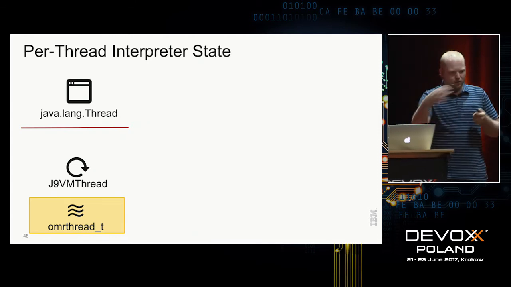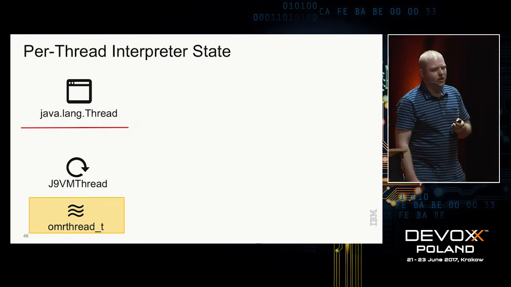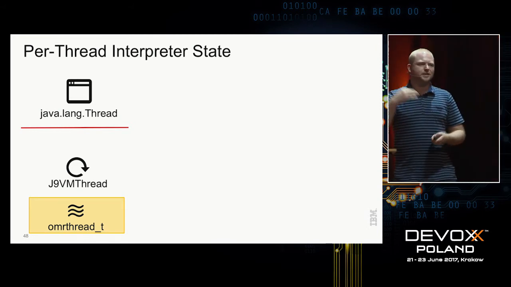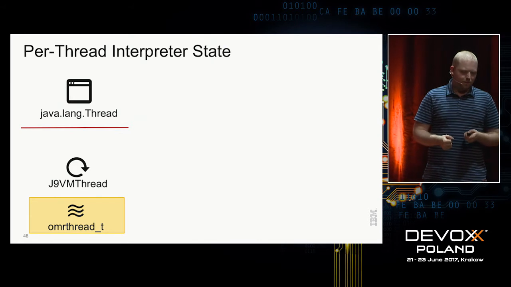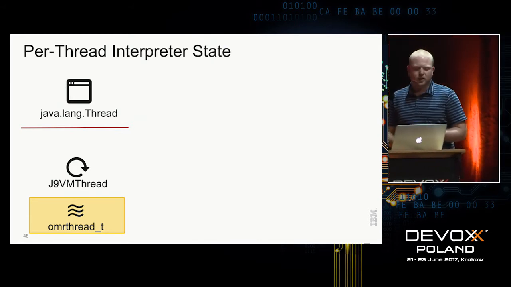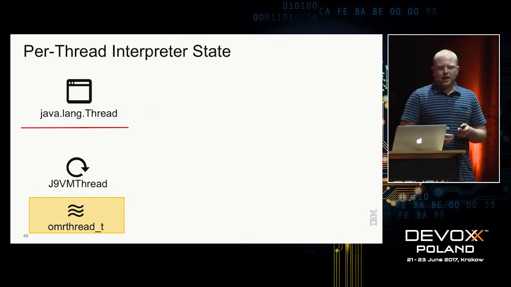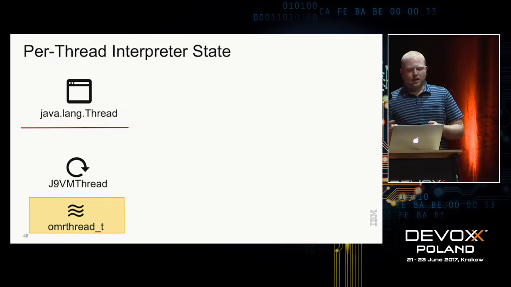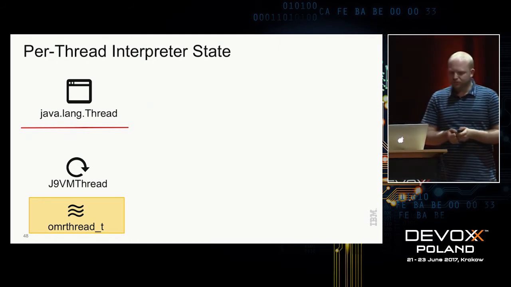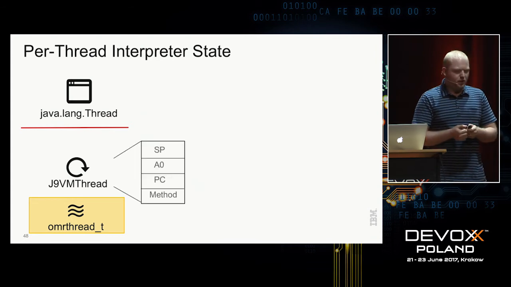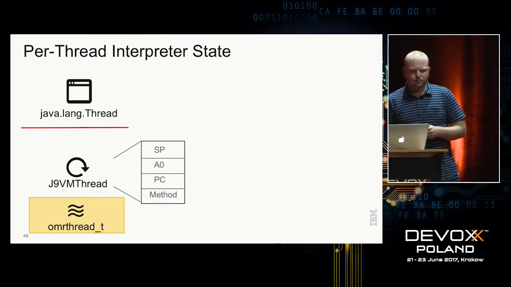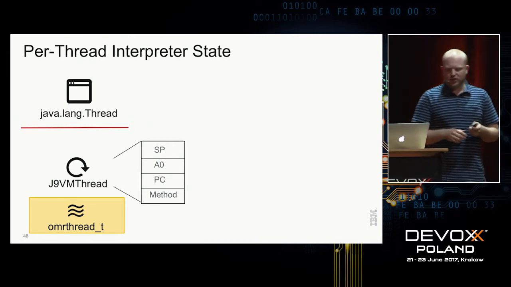And below, it is backed by an OMR thread, which is the platform-abstracted native thread, so it will look the same on every platform that we run on. And each J9 VM thread is part of a unique instance of the bytecode interpreter. So it maintains the state to describe the execution on that thread. So it has some registers, if you like.